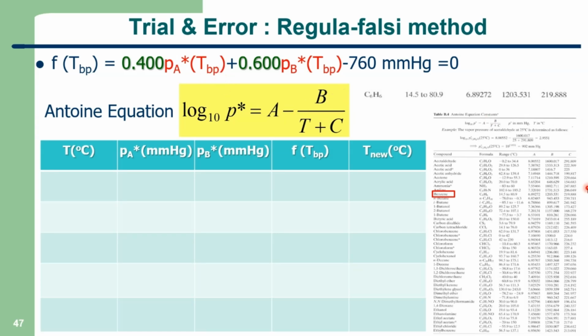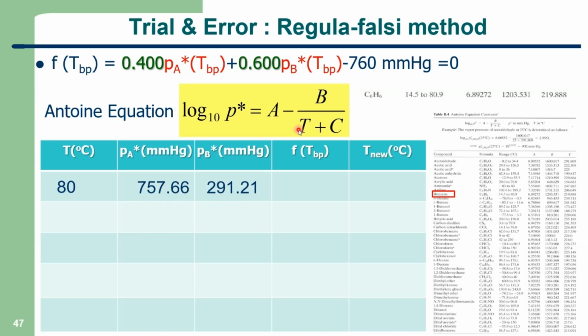First of all, you set up at 80 first. So if at 80, that means what? This is 80, right? Remember the unit, 80 here. You put A 6.89 here. You put B 1203 here. And C is 219 here. And temperature is here. And you got this one.